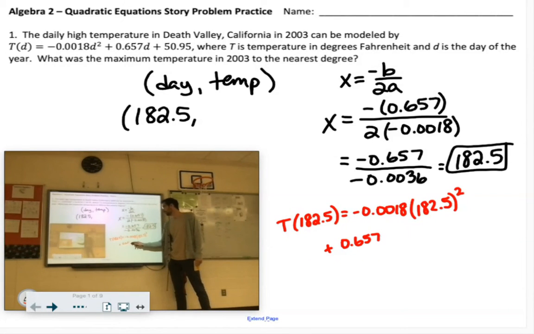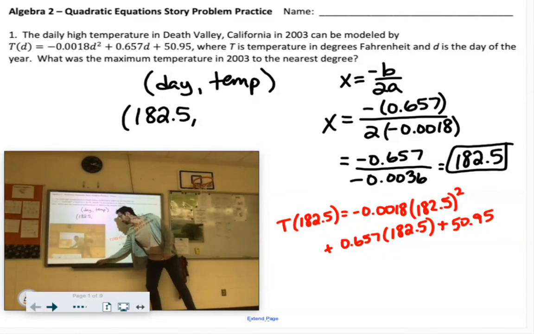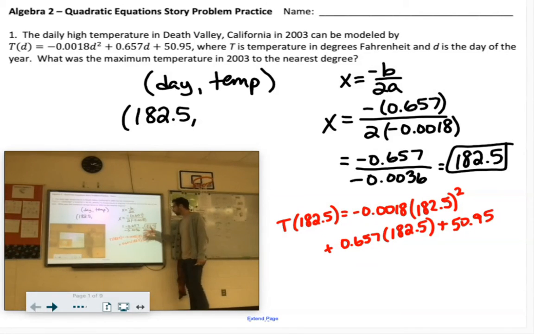0.657 times the 182.5. And then you get the plus 50.95. So you can do this in your calculator. If you put it in exactly how it is, it should work out fine. But if you're a little nervous, make sure you square the 182.5 first before you multiply it by the negative 0.0018.